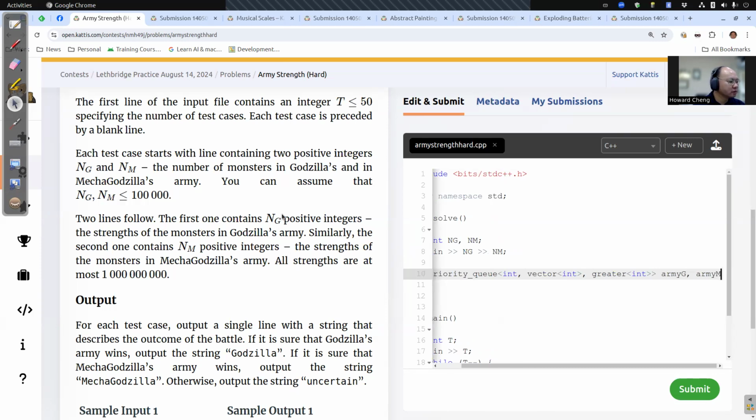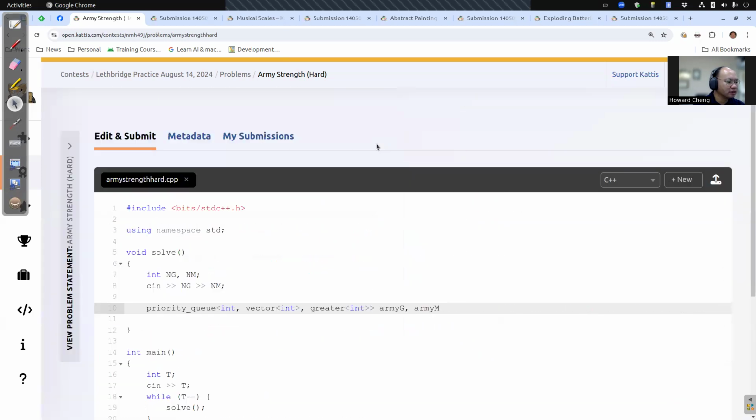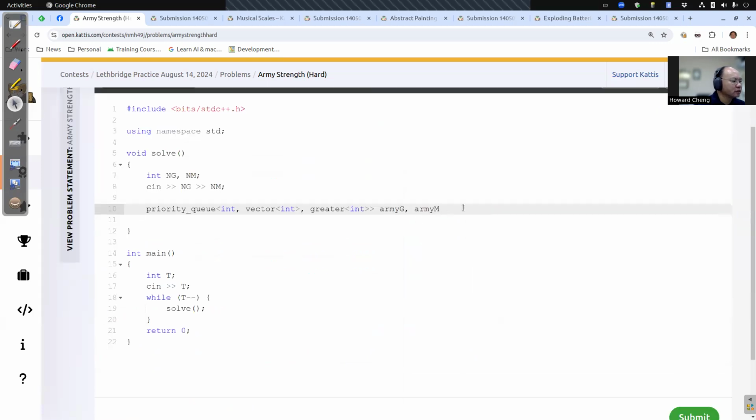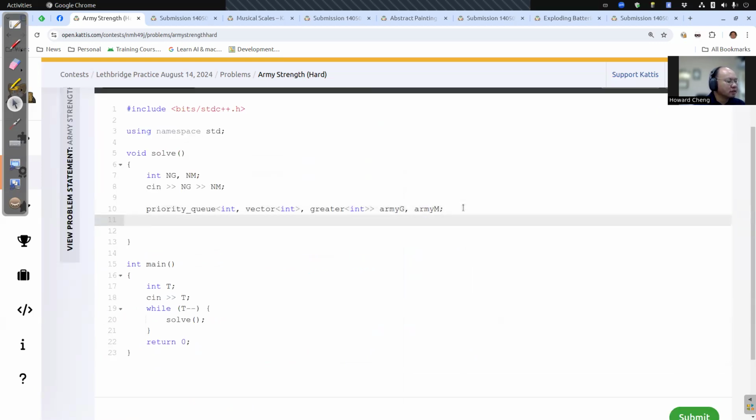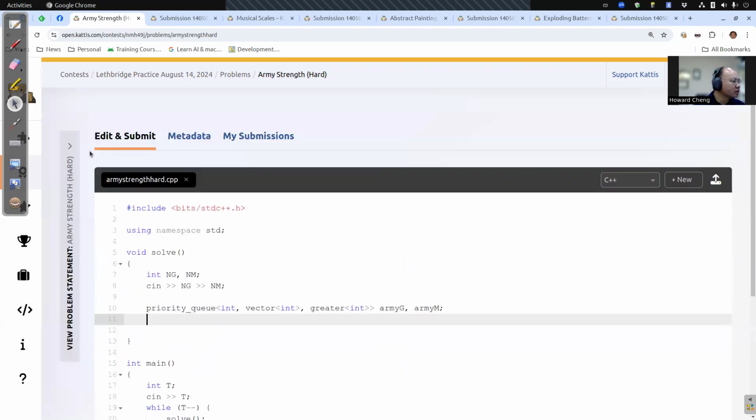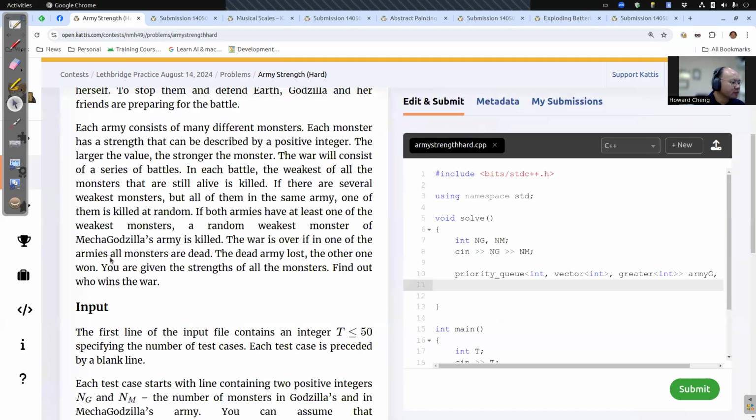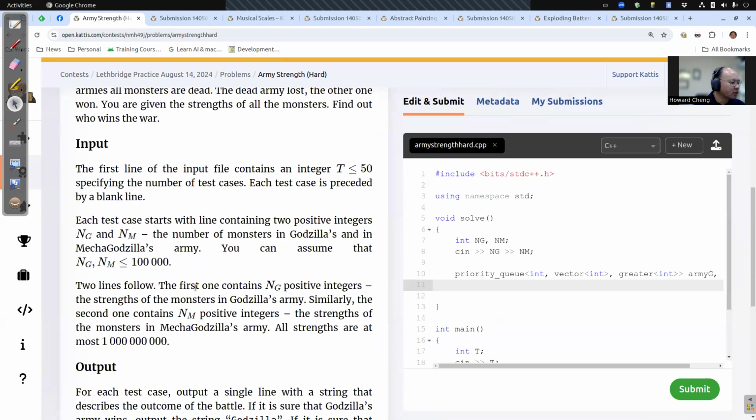Let's make this bigger. Now I forgot what the problem statement says, so I'll have to read it. Two lines follow: first is NG, Godzilla's, and then the Mecha Godzilla.